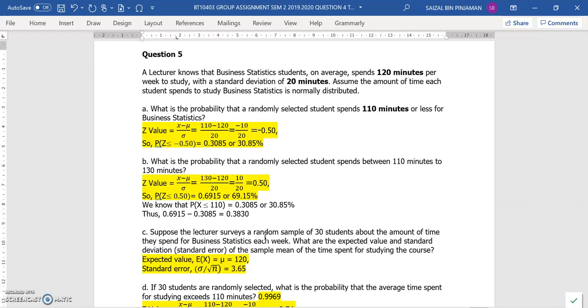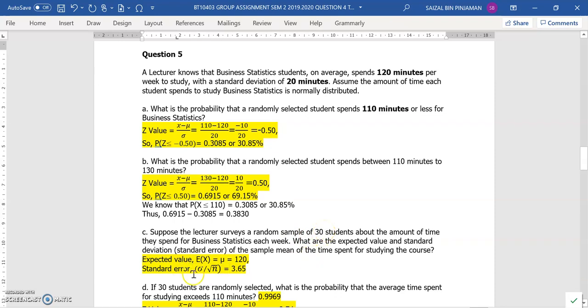In order to identify the standard deviation for a sampling distribution, or in other words the standard error for our sample normal distribution, we have to divide the standard deviation that we have by the square root of our sample size.